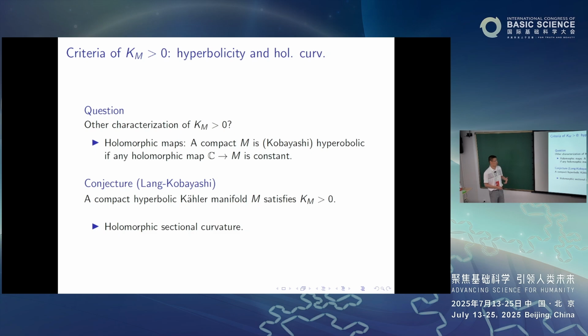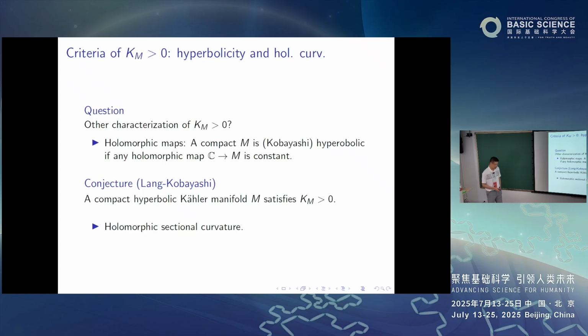Another viewpoint is to look at holomorphic maps between complex manifolds. A compact manifold M is called Kobayashi hyperbolic if any holomorphic map from C to M is constant. This definition basically says that the manifold has a Kobayashi metric.